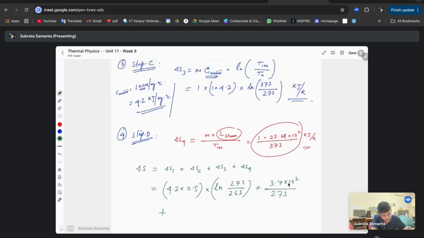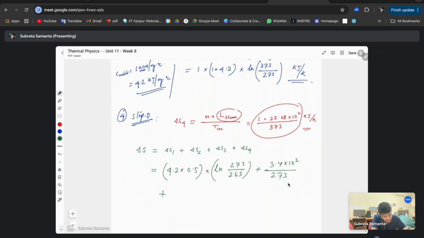Delta S3 is again 4.2 times 1 times ln 373 over 273, plus again the latent heat, the entropy change due to latent heat, which is 22.68 times 10 to the power 2 over 373.